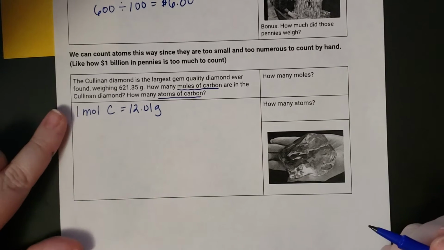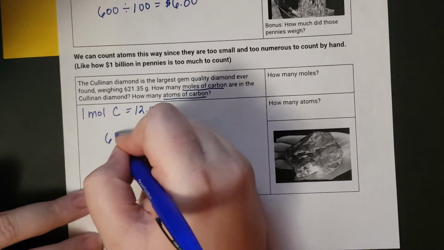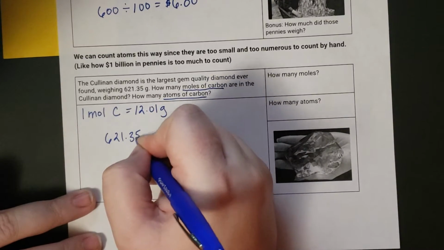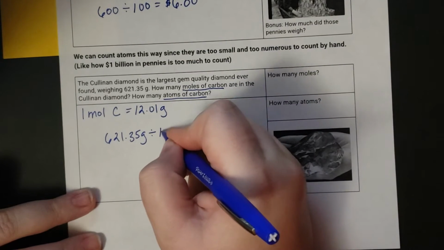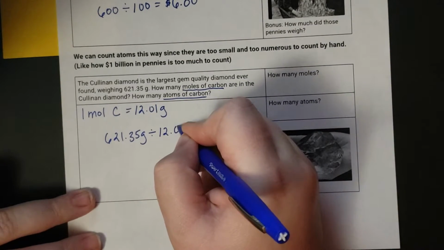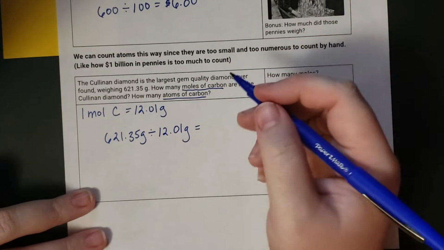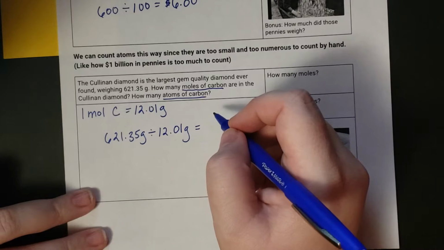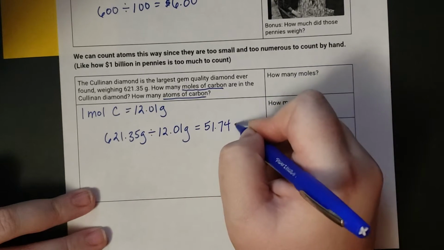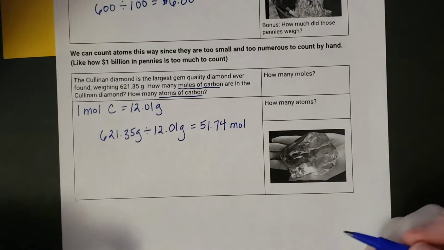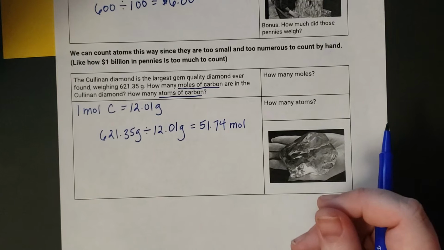So, just like we did with the pennies, if we have 621.35 grams of carbon, and we divide that by what we know 1 mole of carbon weighs, that gives you how many moles there are, which is 51.74 moles. So in that 1 diamond, there's 51.74 moles of carbon.